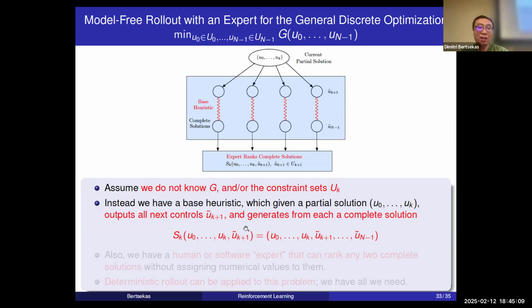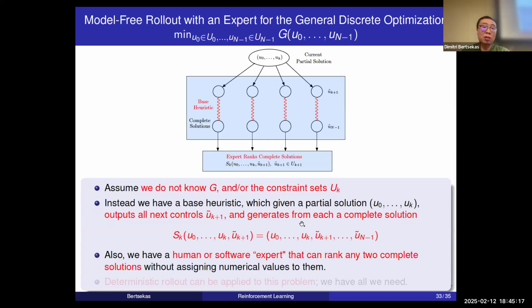So starting from any of the partial solutions, it provides complete solutions. So this is the second software. The third software is that given any two complete solutions, it can rank those two complete solutions, basically tells us which one of those two is better.